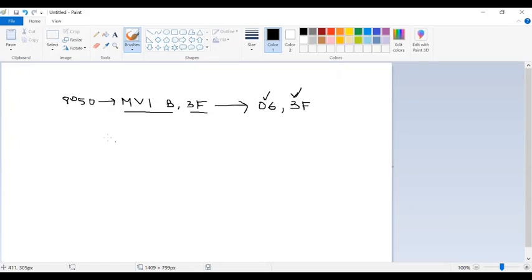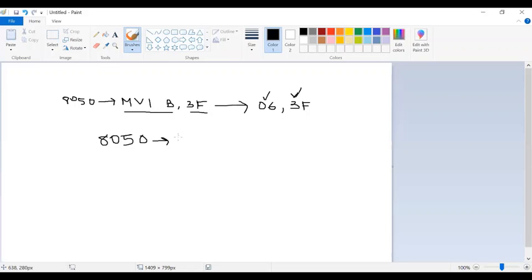So at the 8050 memory location, what will be stored? First 06 will be stored, and that is the opcode of this instruction. What do you mean by opcode? Which operation is to be performed. In this case, the operation is move immediate to B register.